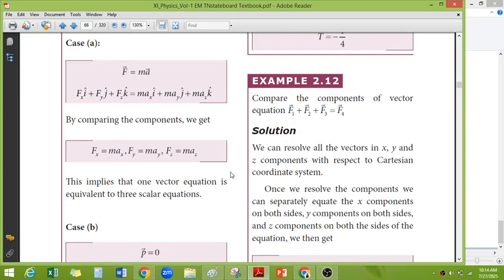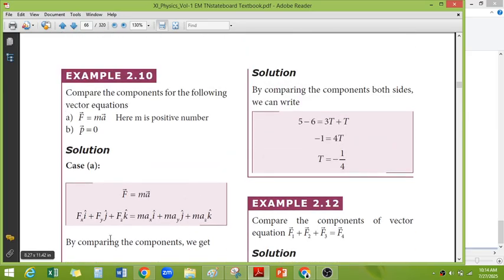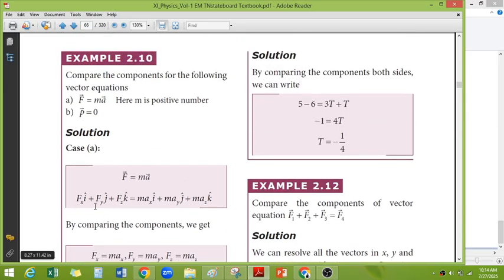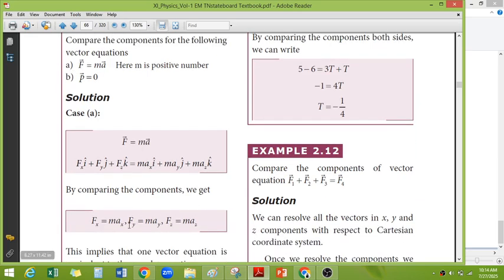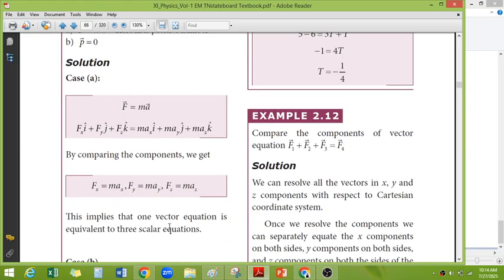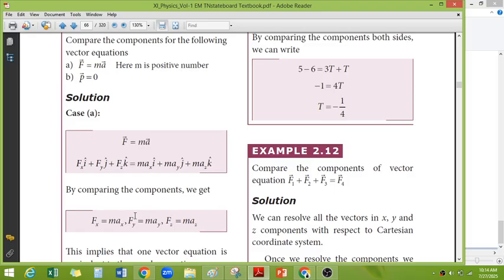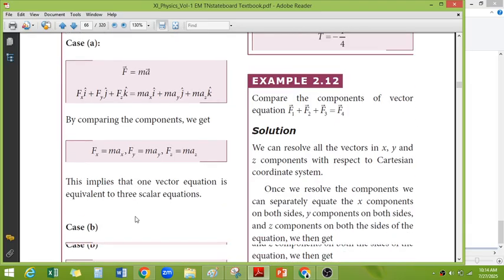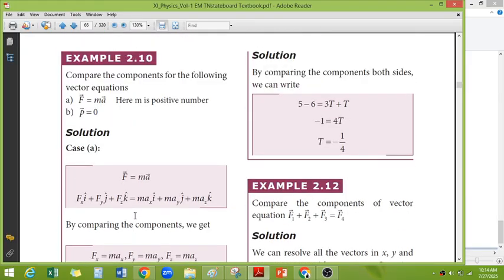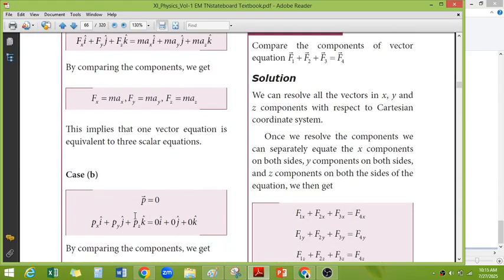So basically what they are saying here is F is equal to ma. So Fx, Fy, Fz is equal to max, may, maz. So that means Fx is equal to m into ax, Fy is equal to m into ay. Basically they are saying that it is equivalent to 3 scalar equations. Mass into acceleration. Second one is momentum is equal to 0.